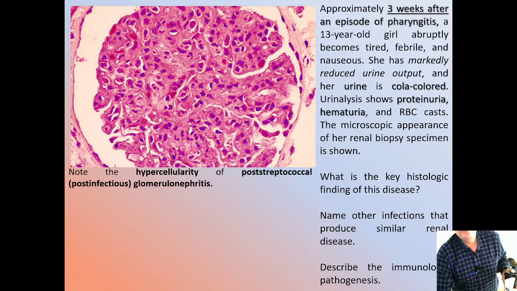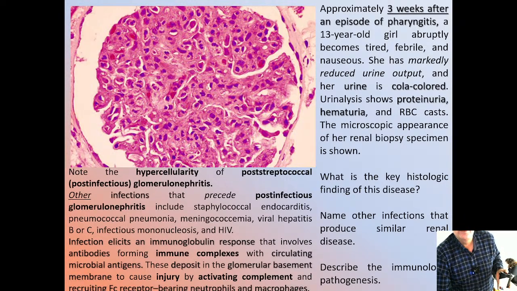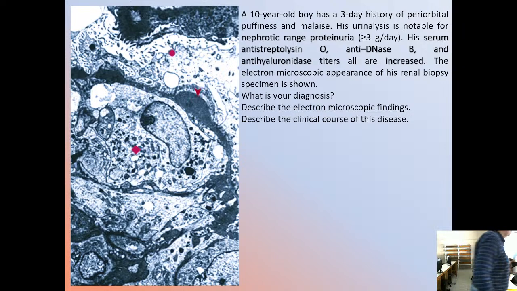So this is another immune complex mediated disease, and in this case I won't show you the immunofluorescence, I'll show you the electron microscope image. All those humps that are round, dark structures are immune deposits.